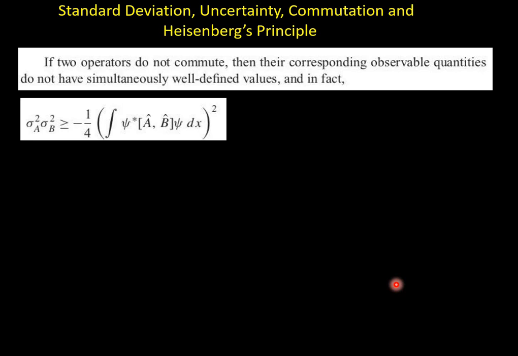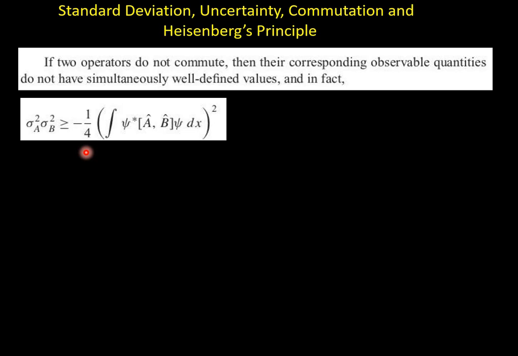Say A and B are two operators corresponding to properties. Sigma A and sigma B are the standard deviations, and if the operators A and B do not commute, then there would be an uncertainty because there would be spreading of the values and standard deviation. In fact, it can be shown by rigorous mathematics.